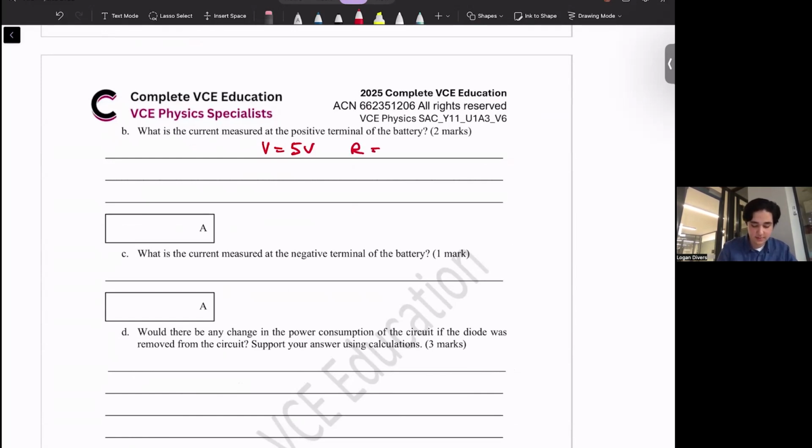Our resistance, we calculated before, is 1.4 times 10 to the 4 ohms. And we don't know what current is. So V equals IR, Ohm's law to the rescue. We will have I equals V on R, which is 5 over 1.4 times 10 to the power 4. There's your first mark, there's a substitution.